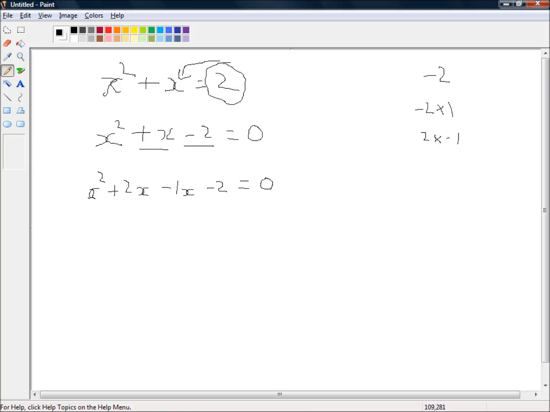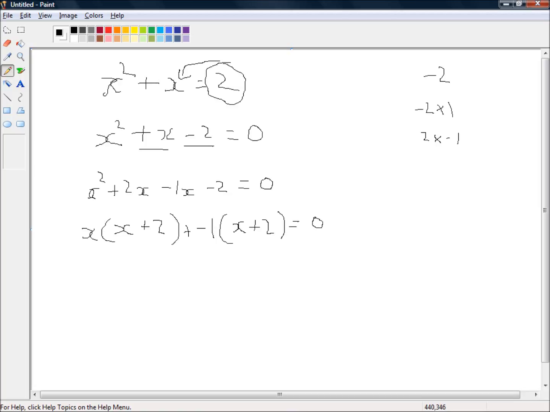Now we can pull the x out of the first two terms, so we've got x into x plus 2, and we can pull minus 1 out of the other term, so we've got minus 1 into, well, that should be added, plus minus 1 into, that minus 1x will just become x, and that minus 2 will become plus 2 because we're dividing by minus 1, and that's equal to 0.